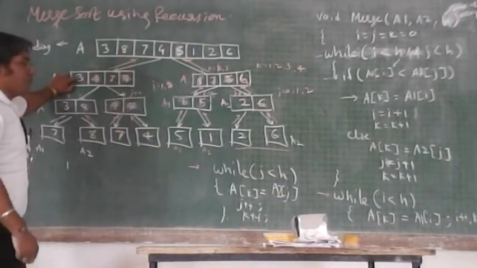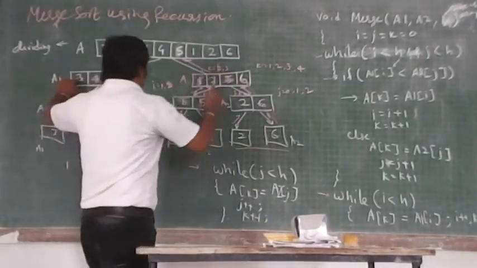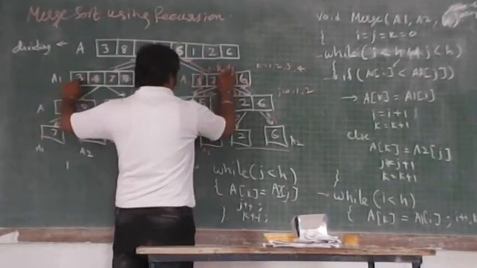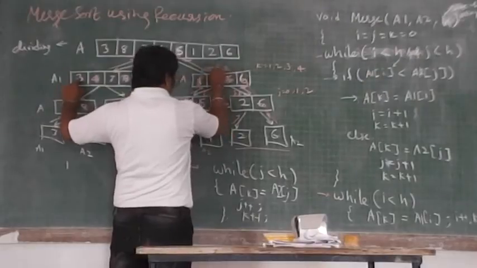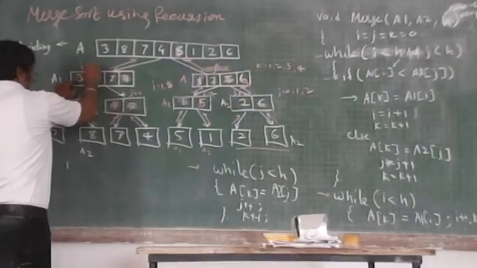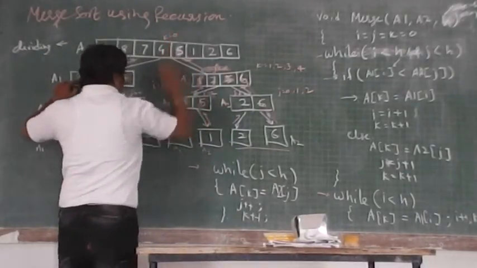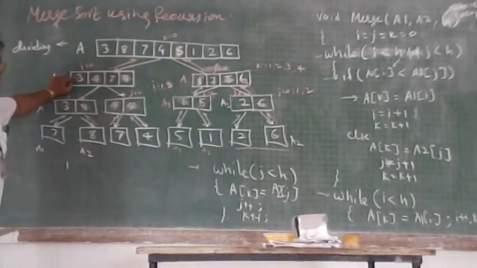3 I compare with 1. See, you note down the values. Now this becomes J, this becomes I. Basically, I and J are 0, K is also 0. 3 and 1 I compare.